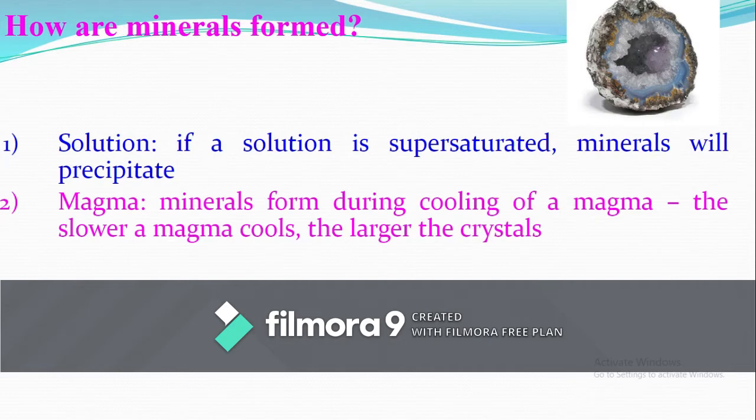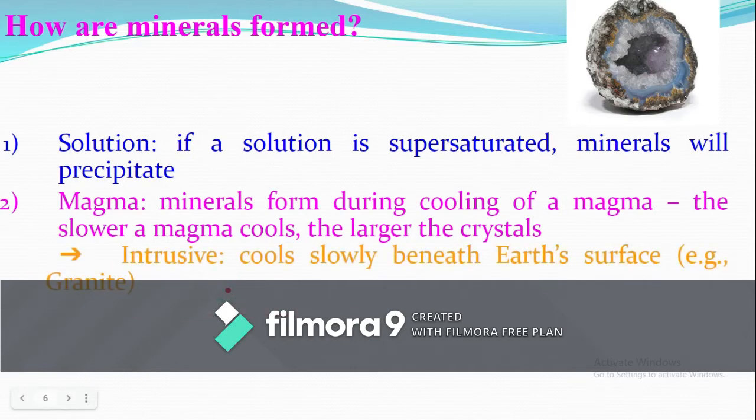As I told you, this magma is composed of mainly 8 elements, and when it cools down, it forms crystals of minerals. So from the magma we may have minerals. Now, if the magma cools very slowly, then the size of the crystals will be bigger. I will discuss this point later in our rock discussion.